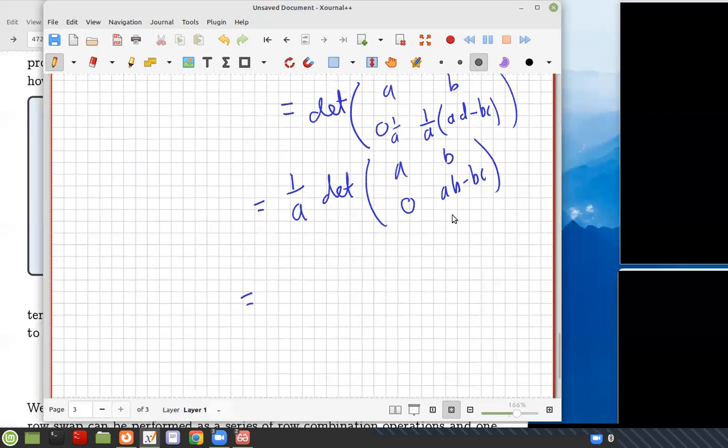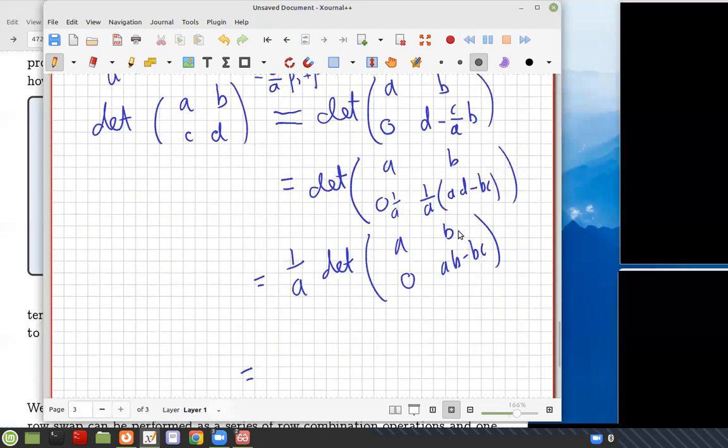And the idea is that if I can get rid of this B, then I have a diagonal matrix, and it will just be the product of the diagonal entries. So that's my goal. And the idea then is I can think up some row operation where this is not 0 right here, right?